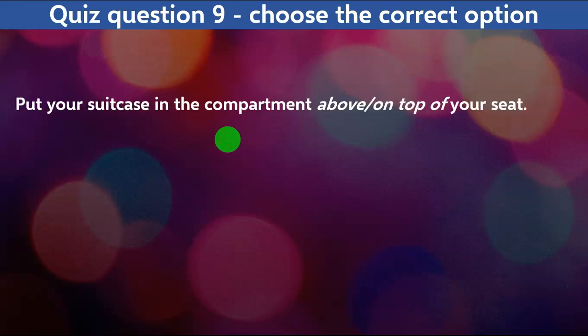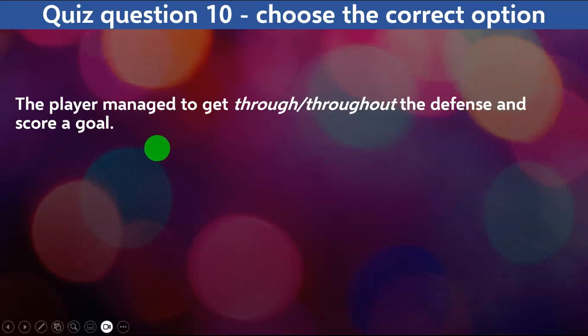Number 9 coming up. Put your suitcase in the compartment above or on top of your seat. Alright, the correct answer is put your suitcase in the compartment above your seat, not on top of your seat. Number 10 coming up. The player managed to get through or throughout the defense and scored a goal.